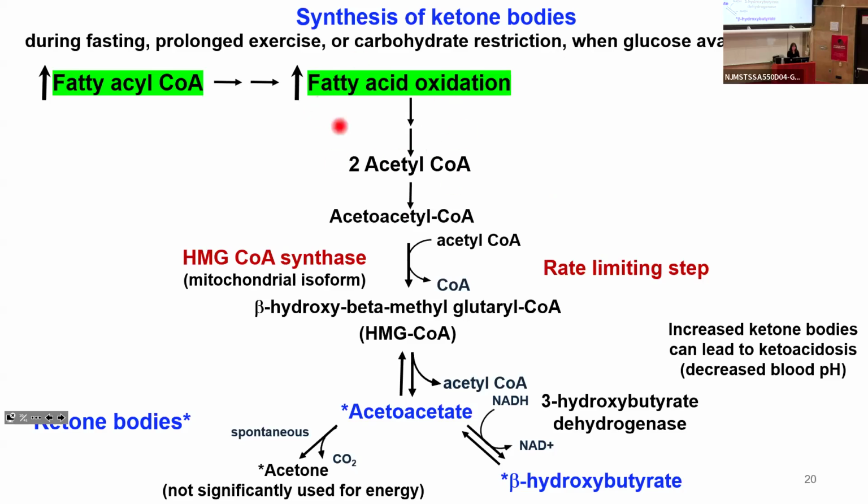So two acetyl-CoAs will just get converted into ketone bodies, which are shown here at the bottom in blue. It's acetoacetate, beta hydroxybutyrate, and acetone. It's called a ketone body, but it's not used significantly for energy production.